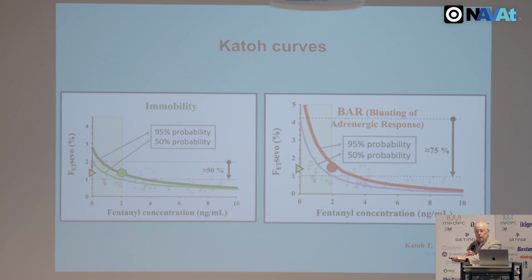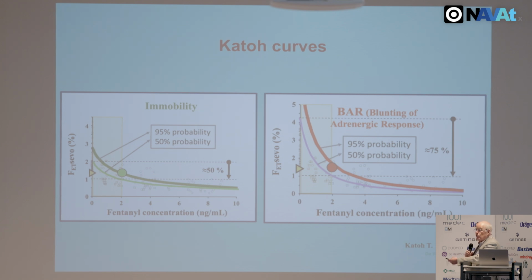That relationship has been much tighter and better described by Katoh in several studies that he did, where we looked at the probability of immobility and BAR in the presence of fentanyl plasma concentrations that vary, but the most interesting data point is at 2 nanograms per ml, because that is the concentration in the blood, in the plasma, that gives you adequate post-op analgesia without overt respiratory depression.